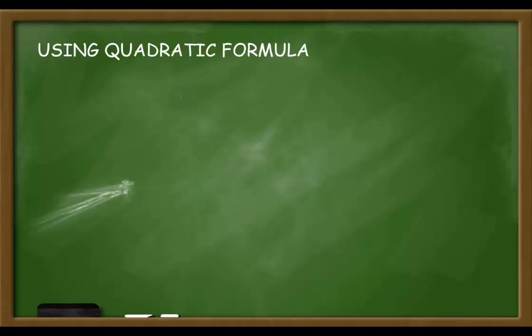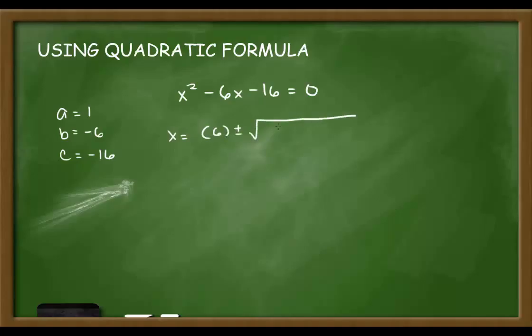Our example in using the quadratic formula will be x squared minus 6x minus 16 is equal to 0, wherein a is equal to 1, b is equal to negative 6, and c is equal to negative 16. By replacing all the needed variables, we have x is equal to 6 plus minus the square root of 6 squared minus the quantity 4 times 1 times negative 16 all over 2 times 1.